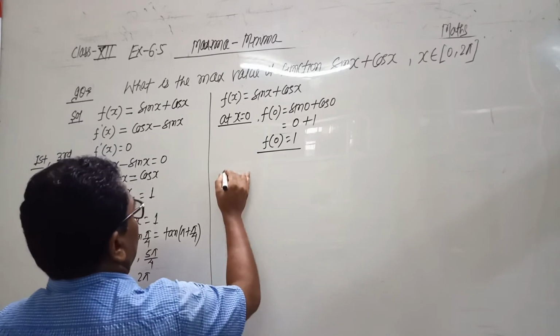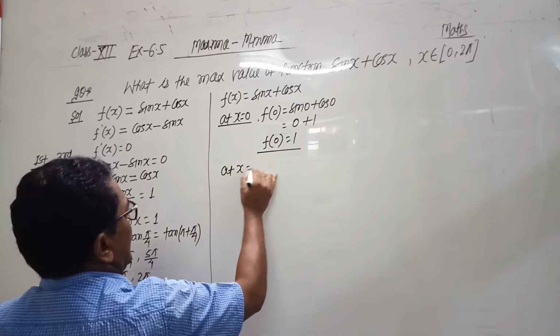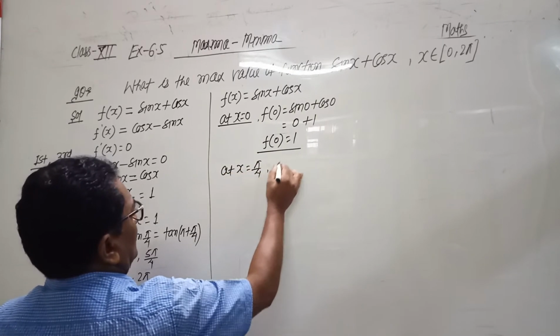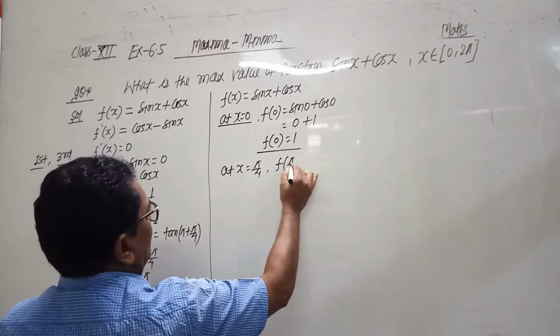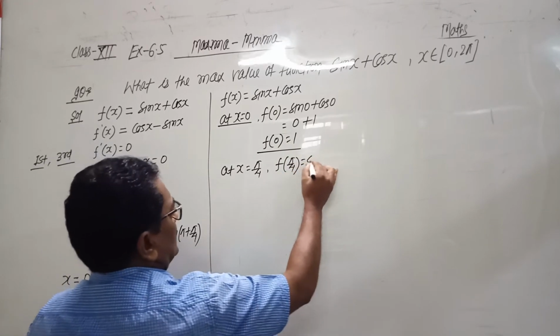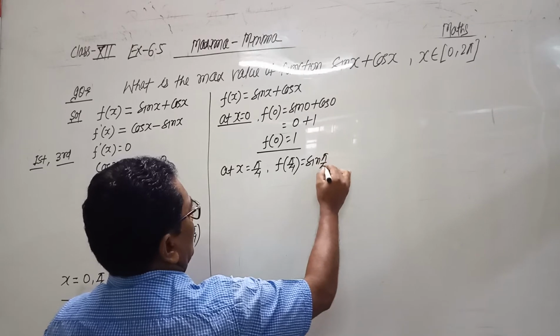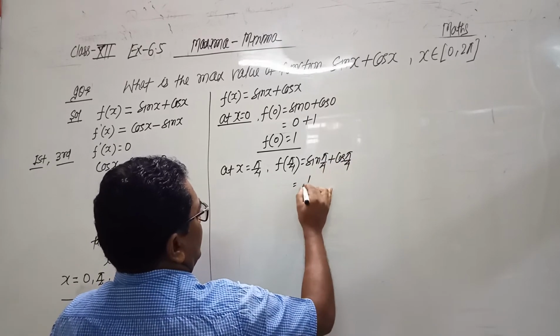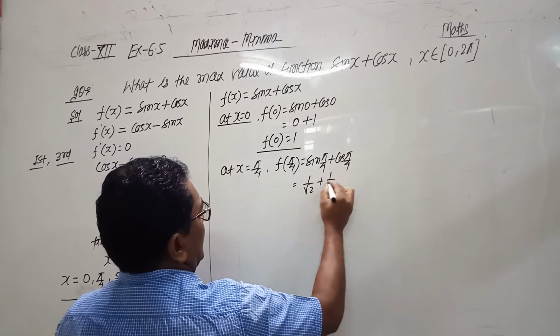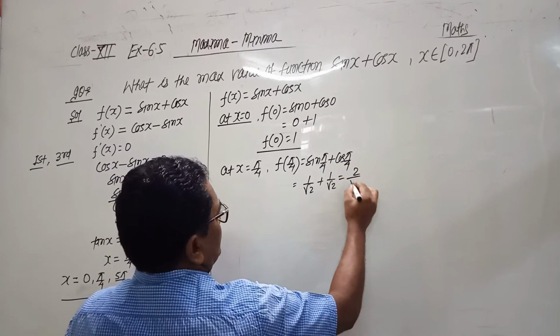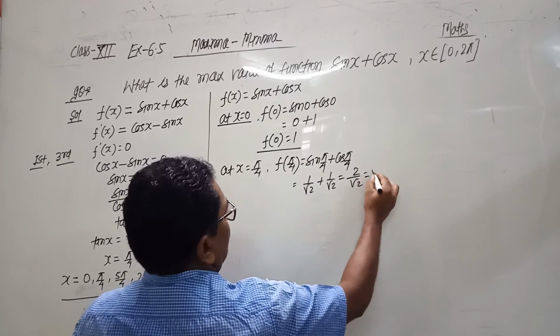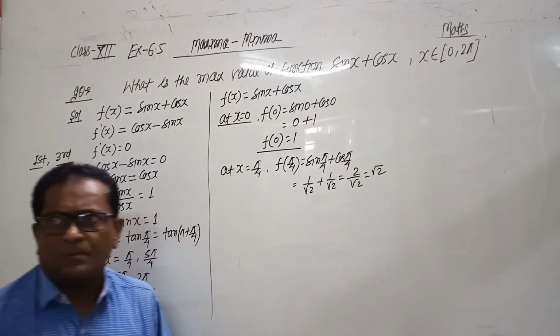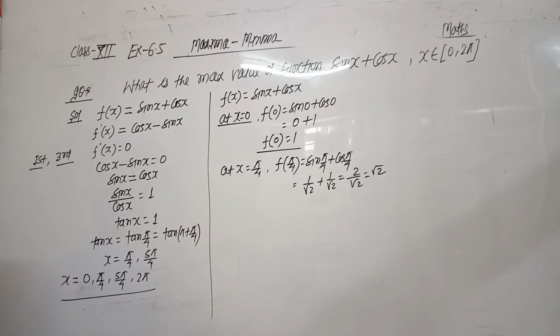Now at x equals pi by 4, f of pi by 4 equals sin pi by 4 plus cos pi by 4. Sin pi by 4 is 1 by root 2, cos pi by 4 is 1 by root 2, this is 2 by root 2, and this can be written as root 2. So at x equals pi by 4, the value obtained is root 2.